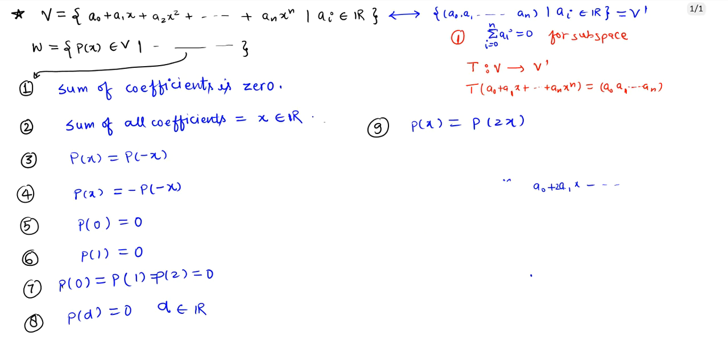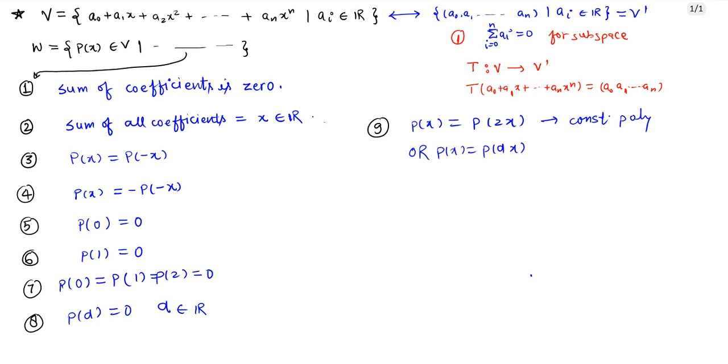So this is actually ninth, collection of all constant polynomials, right? Constant polynomials. In place of 2, we can also write any alpha, p of x that is equal to p of some alpha x, where alpha is 0 or non-zero.